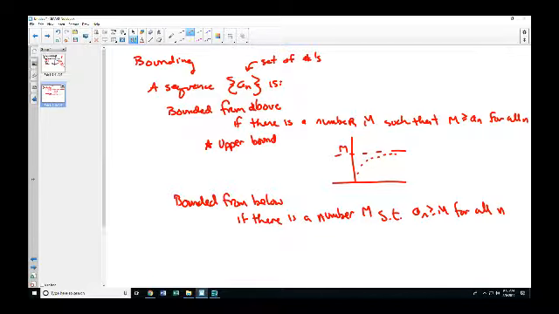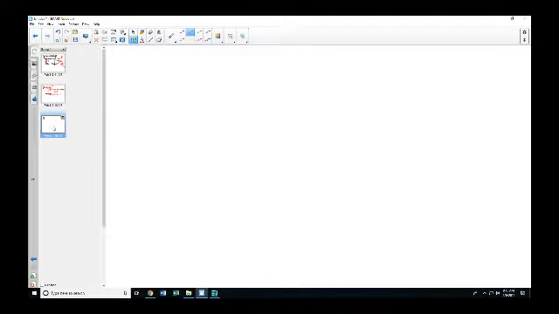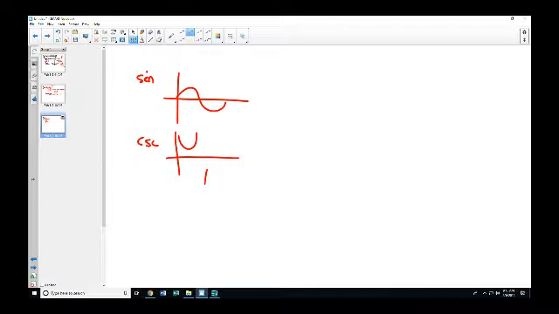Do you know what secant and cosecant look like? Wouldn't it just be the inverse? All right, sidebar. Sine looks like this. Cosecant is the reciprocal. It looks like this. So where sine is 0, cosecant is undefined, because you're dividing by 0.